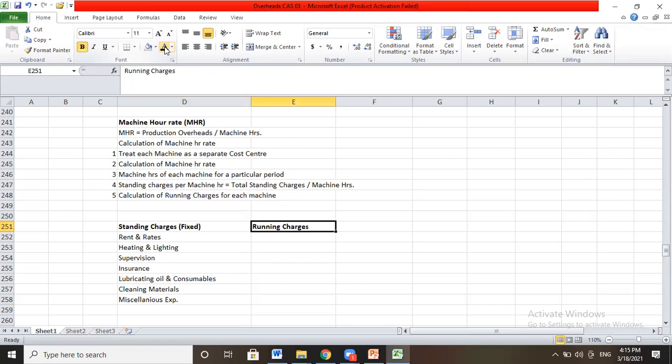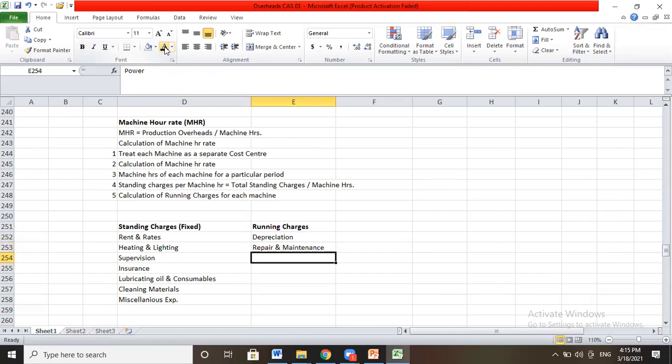There are some running charges which are related to the production or the running of machines and depend on the running of the machine, like depreciation. As and when you use the machine, it gets depreciated, and there are some machineries which have a number of hours of life. In most cases, like LED lights, we get this number of hours of life.